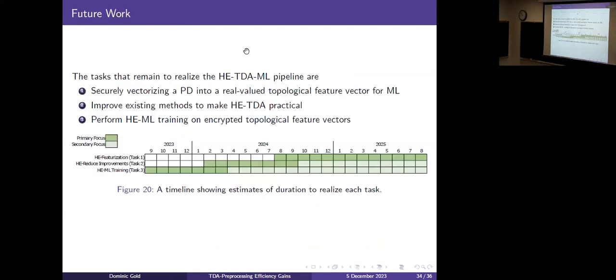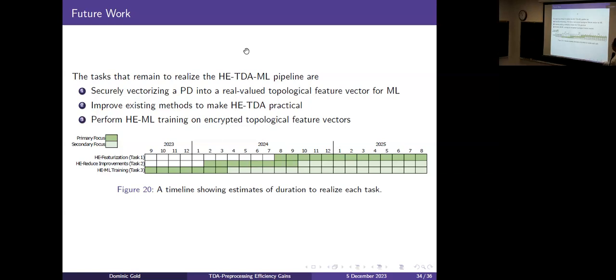Okay, so my future work planned in this space: I have this in reverse order, I should probably fix this eventually. The next major step is to perform training on these topological feature vectors. We plan to do training and then publish that somewhere, hopefully again at either USENIX or PoPETs. Then improve the existing methods to make them practical, and then securely vectorize.